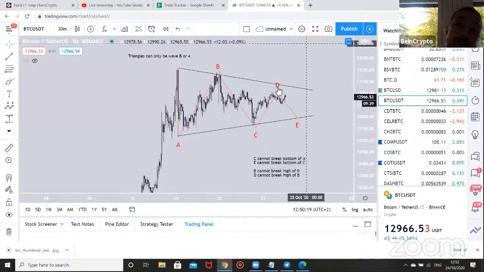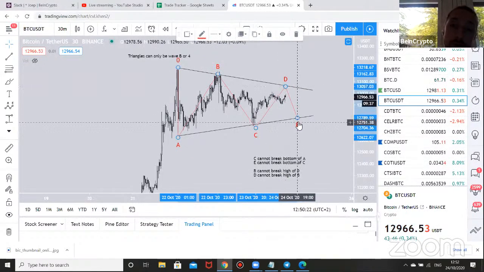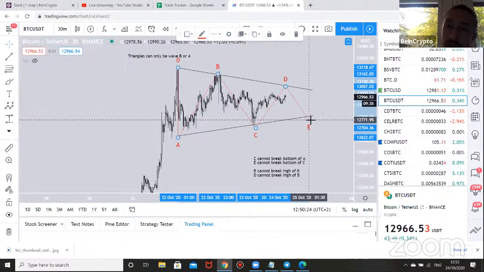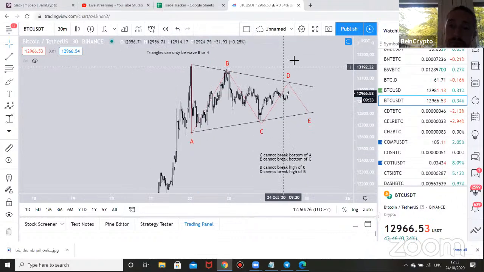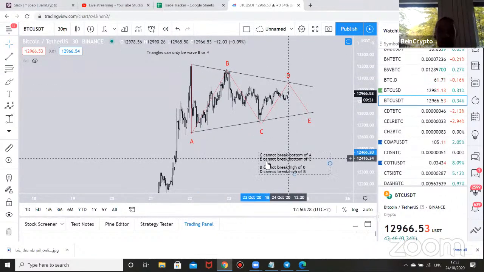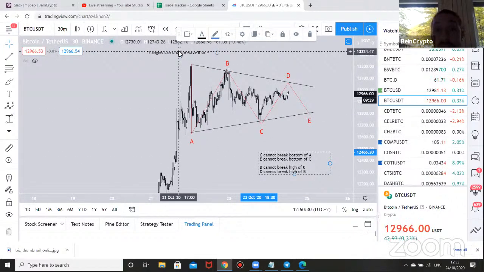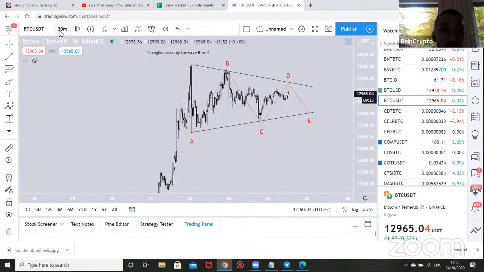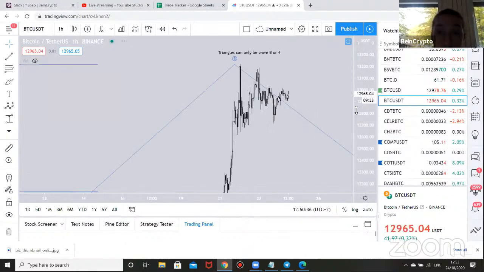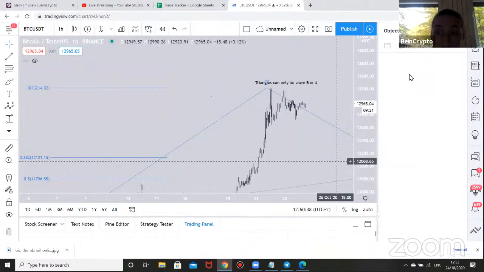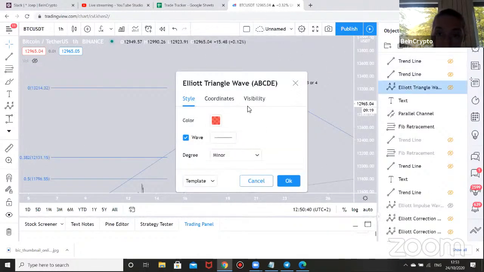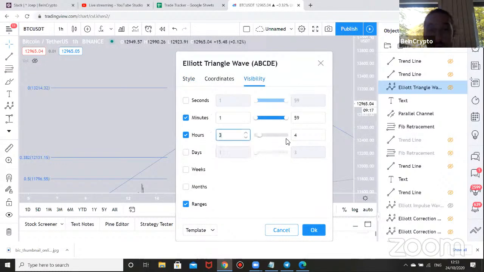So yeah, say that we get this type of correction. I actually think it's likely right now because it's transpiring this way. So again, I said triangles can only be wave B or wave 4. So in our case, it's not a B, but why I'm saying that it can be likely, let's just change. So yeah, we have a 1 here.